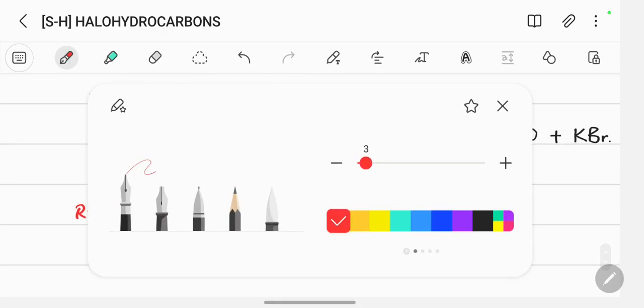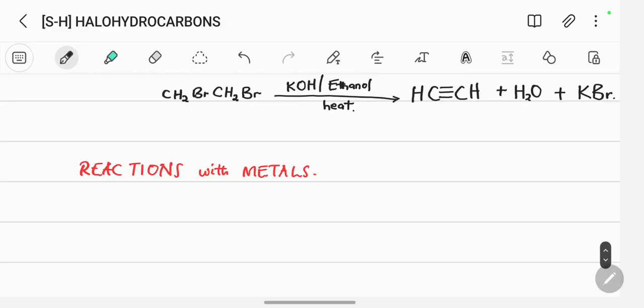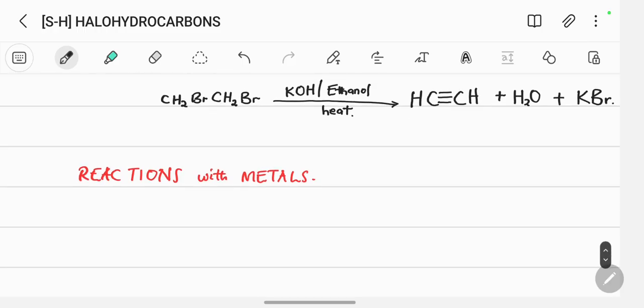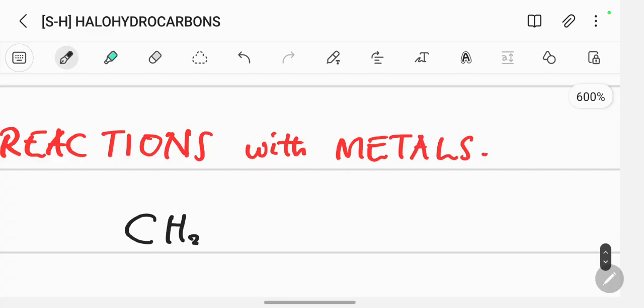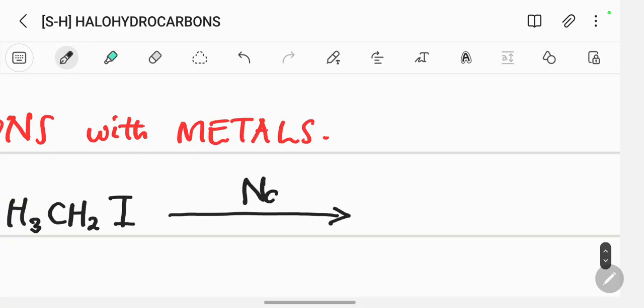Here we are no longer in elimination or substitutions. So I'm going to call this one my reaction A, with CH3CH2I, in dry ether. We covered this under formation of alkanes.